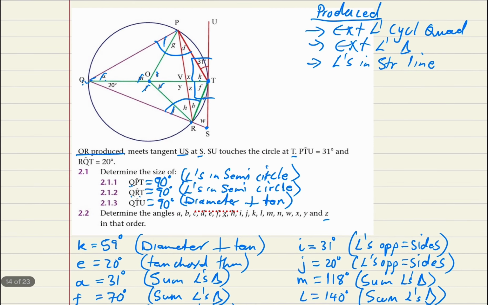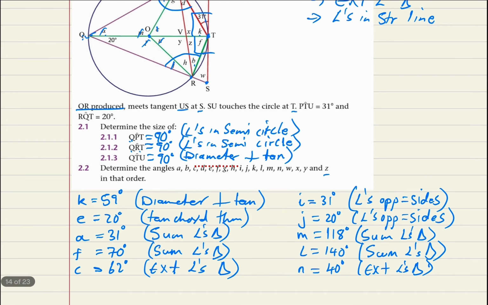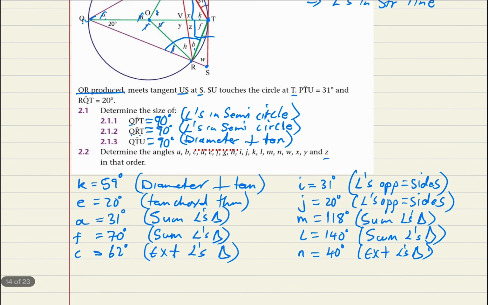Okay, now let's check. This one, 31, will be equal to this one. So that means I'll find B. B will be equal to 31 degrees. That is the tan chord theorem.